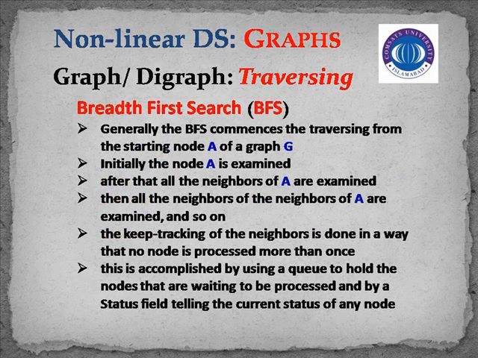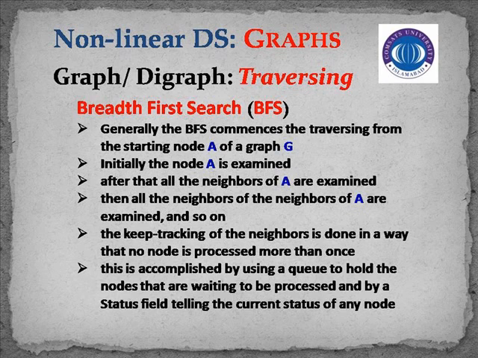Ladies and gentlemen, generally the breadth first search, shortly called BFS, commences the traversing from the starting node A of a graph G. Initially, the node A is examined. After that, all the neighbors of node A are examined, and so on and so forth.